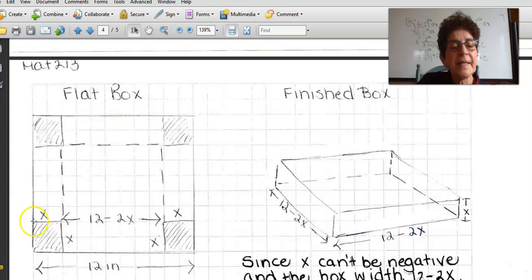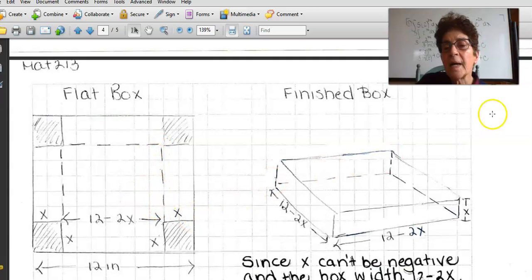Now the important thing to realize is your original length and your original width was 12 inches. If you cut two x-inch squares out, what's left is going to be your original 12 inches minus x minus another x. So this length is now 12 minus 2x. Your original piece of metal was a square, so the same thing is true of your width.